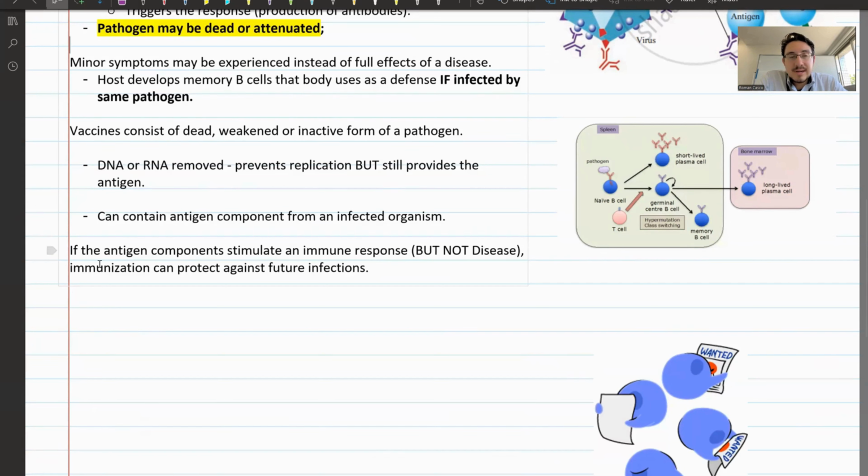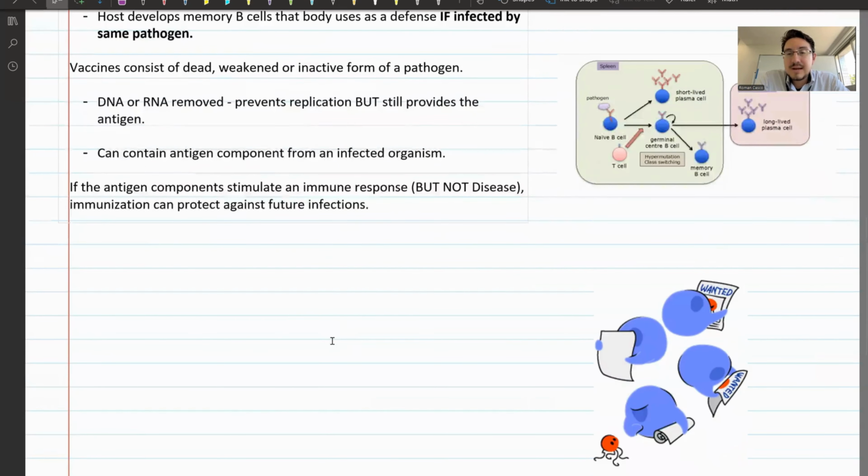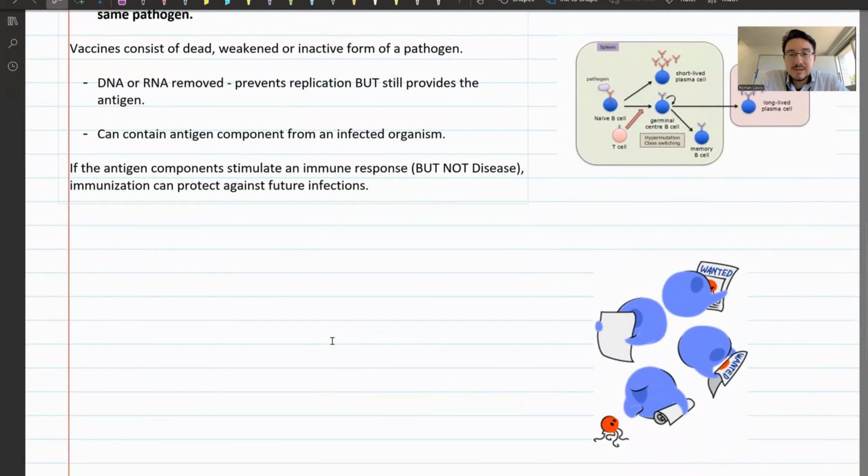Okay. So in a nutshell, if the antigen components can stimulate an immune response, but not disease symptoms, then that is basically immunization, right? If you're able to get your immune system to create antibodies and you don't get the disease, then that is a success story, basically. Okay, because you'll be prevented now from future infections, right?